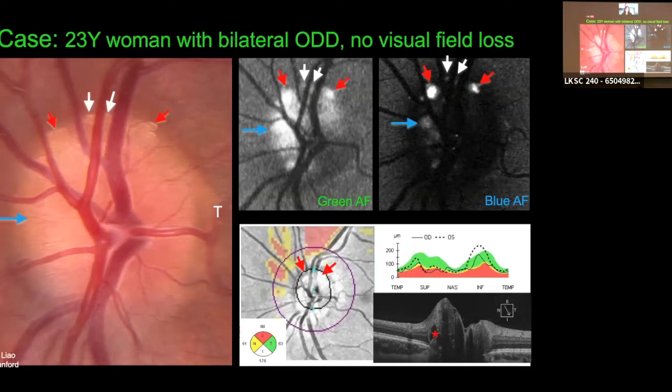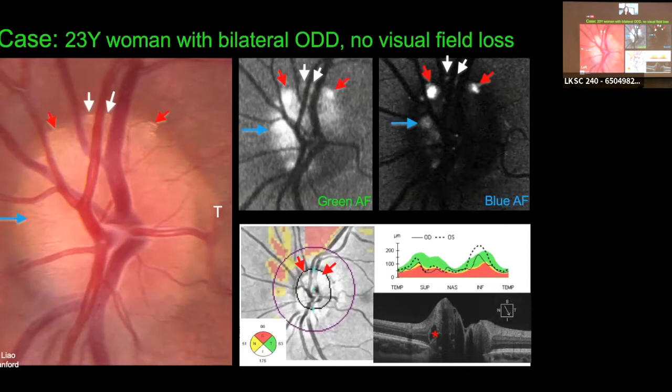So this is the left eye of a 23-year-old woman with bilateral optic drusen. She has a lumpy, bumpy appearance of the optic nerve head. And if you follow the red arrows across the different images, you can see that they correspond to discrete deposits on the surface of the optic nerve, and the white correspond to the white ones.